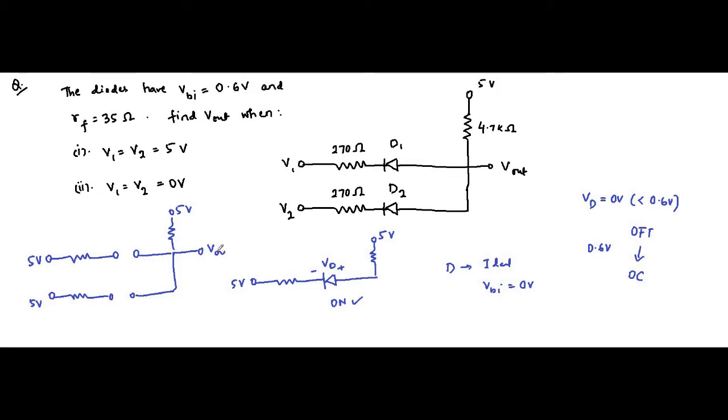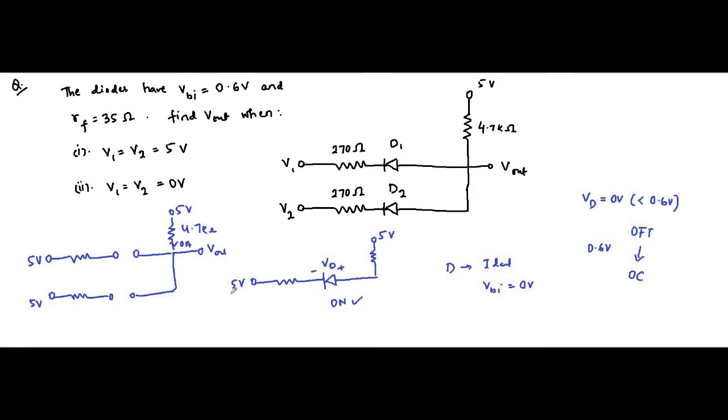Now as they are open circuited, there will actually be no current flowing through these circuits, and the current flowing through the 4.7 kilo ohm resistor will also be 0 ampere. No current is flowing through this 4.7 kilo ohm resistor.